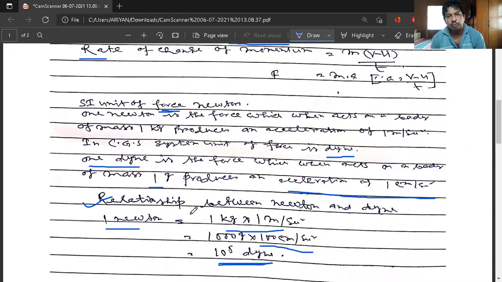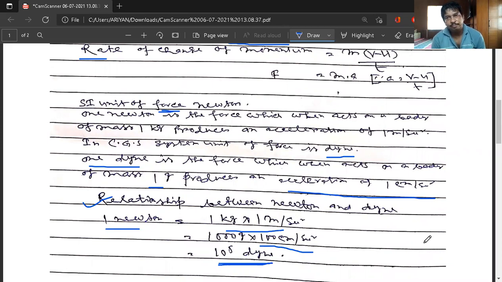The relationship between Newton and dyne, SI unit and CGS unit: 1 Newton is equal to 1 kg into 1 meter per second square. 1 kg is equal to 1000 gram, and 1 meter per second square is equal to 100 centimeter per second square, which is equal to 10 to the power 5 dyne.